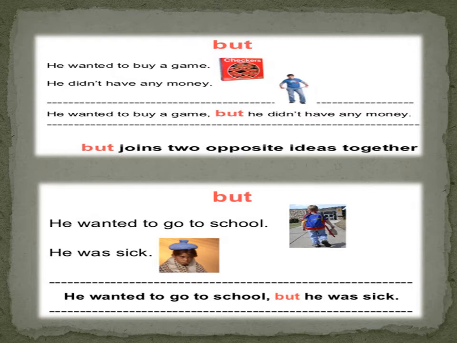He wanted to go to school. He was sick. Here also, these are two different things. He wanted to go to the school, but he was sick, so he could not go. He wanted to go to school, but he was sick. So, but joins two opposite ideas together.